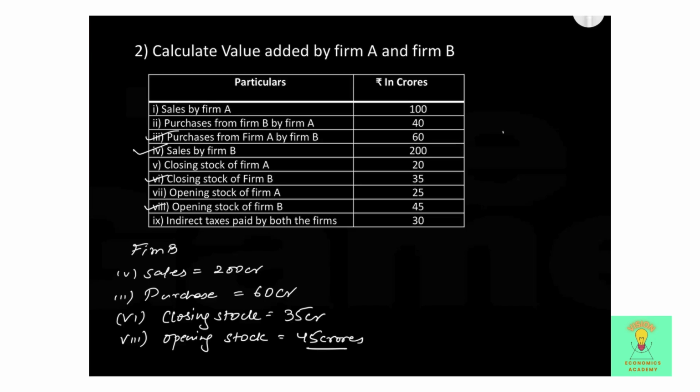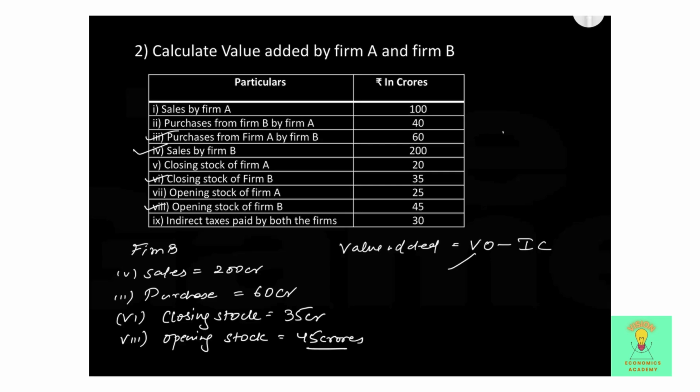Okay. Now value added, we know, is value of output minus intermediate consumption. Now what is value of output? Value of output is sales plus change in stock, right?